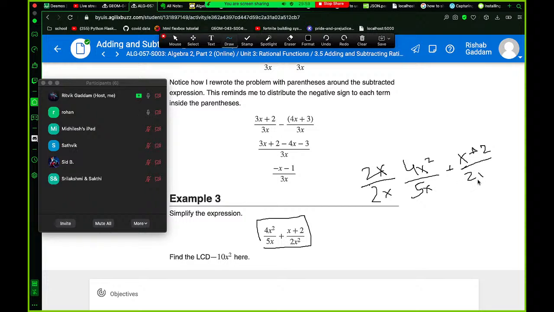Okay. So then we simplify that. 2x times 4x squared is 8x cubed. So it's going to be 8x cubed over 10x squared plus 5x plus 10 over 10x squared, which is 8x cubed plus 5x plus 10 over 10x squared.